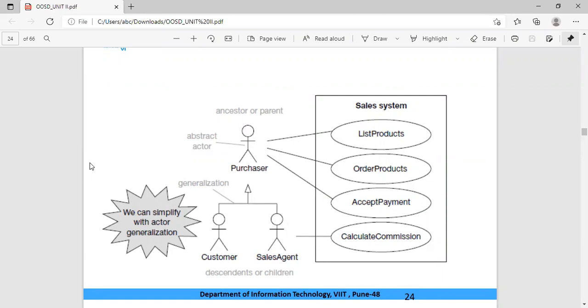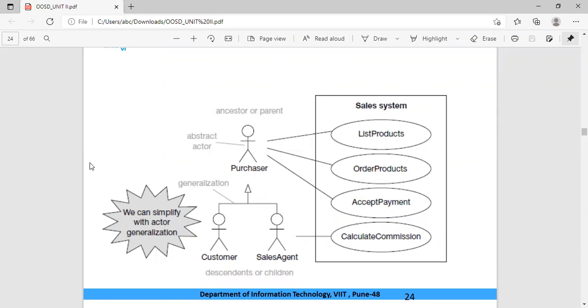So here I represent the actors, which are the parents of my system, where I can consider the sales system. In this sales system, I can first get the list of products, I can order the product, I can accept the payment, and I can calculate the total amount, so that the person who is going to buy the product gets that product as well as the total amount to pay, right?